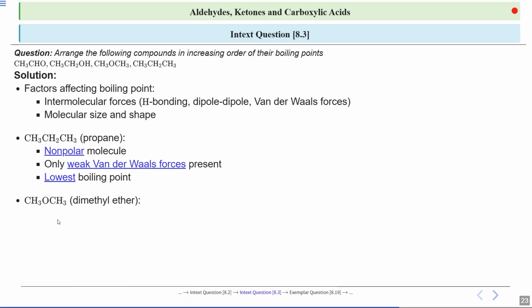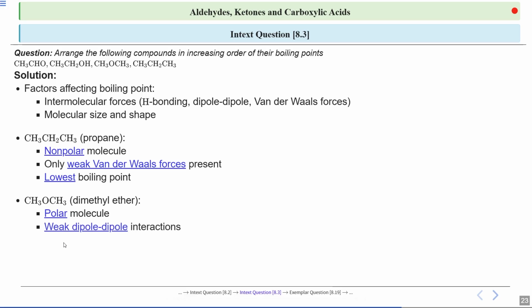Now we will see this ether molecule, which is dimethyl ether. Unlike propane, dimethyl ether is a polar molecule. This polarity introduces different types of intermolecular forces compared to non-polar molecules.